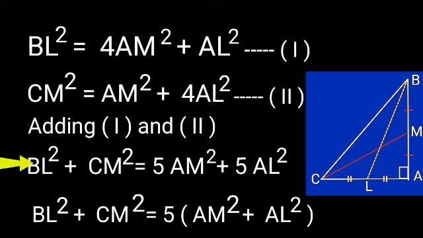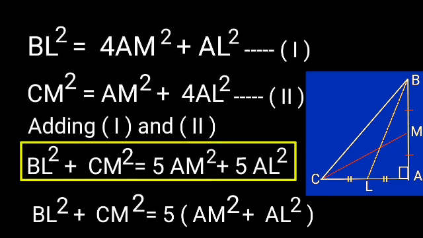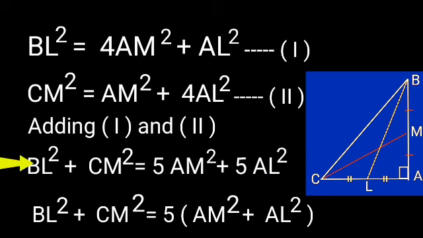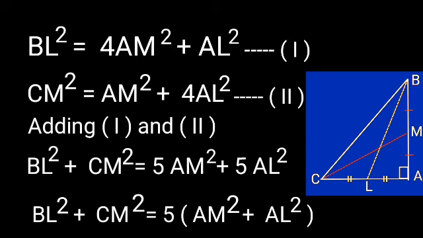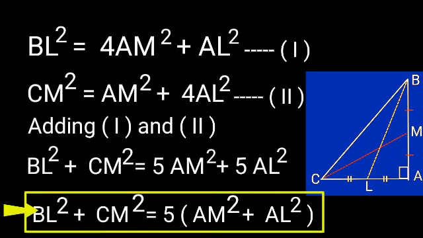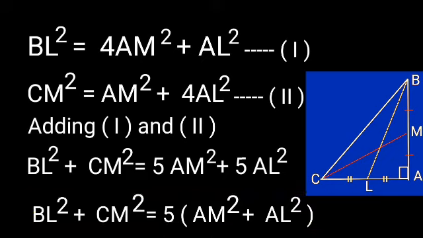Thus we get BL square plus CM square is equal to 5 times AM square plus 5 times AL square. In right hand side 5 is common. Hence, BL square plus CM square is equal to 5 into (AM square plus AL square).